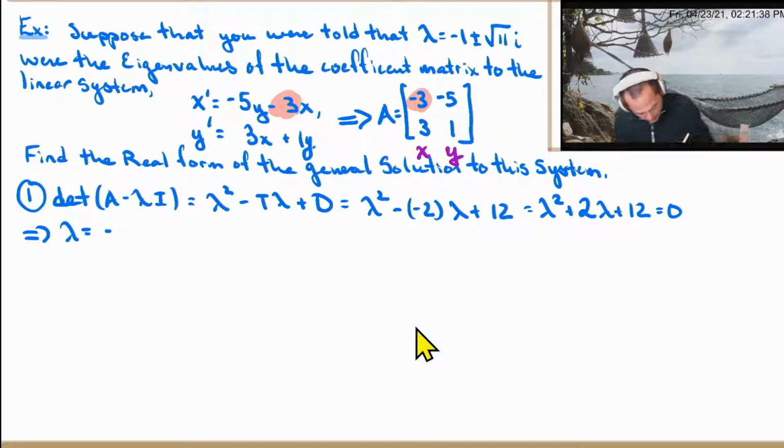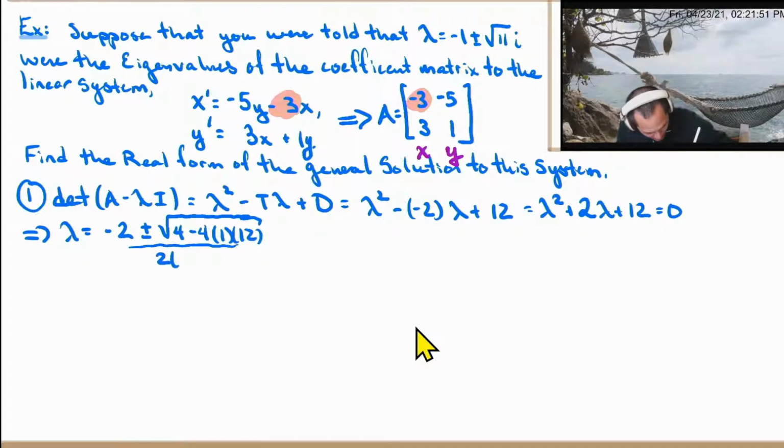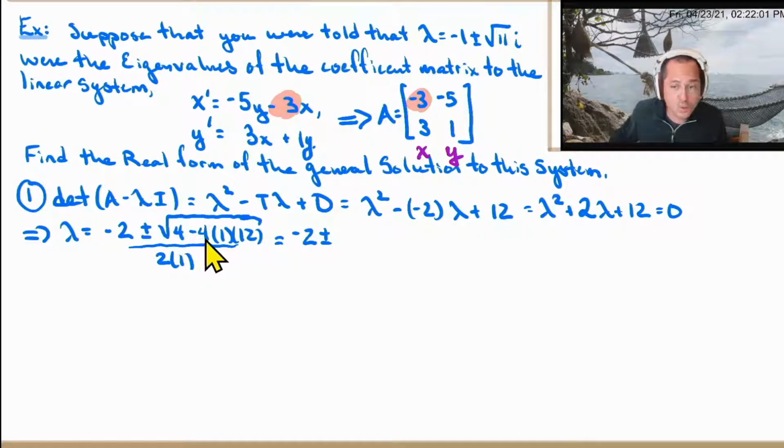Thank you very much. So I get -2 plus or minus the square root of 2 squared, but that's 4, minus 4 times, this feels much better, okay, times 12 all over 2 times 1. And so I get -2 plus or minus. And then check this out. In this square root, both terms share a 4, so I can just factor that 4 right out.